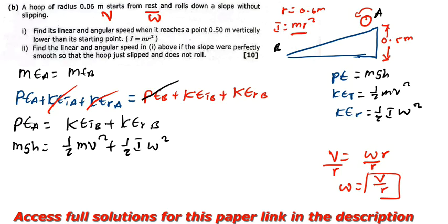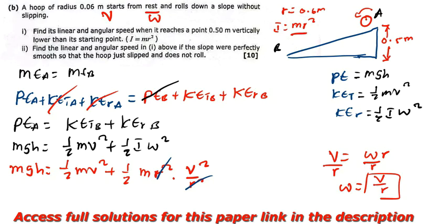So I'll come here and say mgh is equal to half mv squared plus half the inertia, which is mr squared, then this is squared again, so it's going to be v squared over r squared because w is squared. At this point I can cancel r. So I'll remain with mgh equal to half mv squared plus half again mv squared.